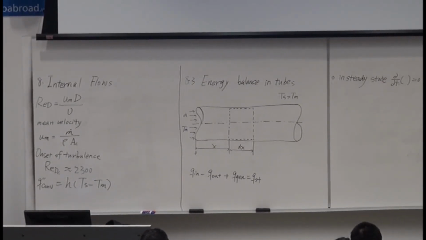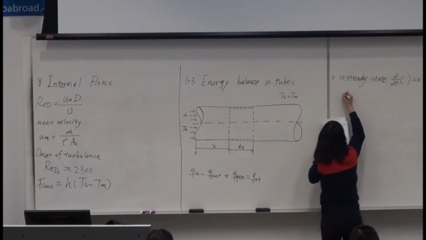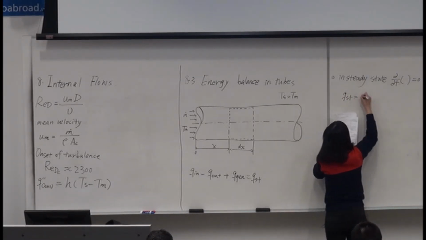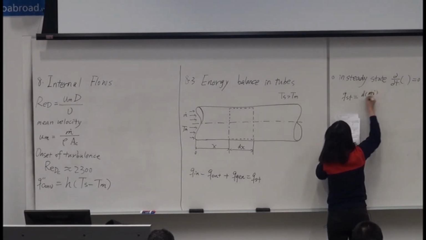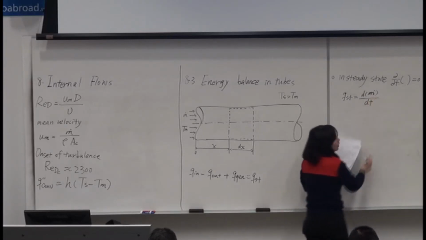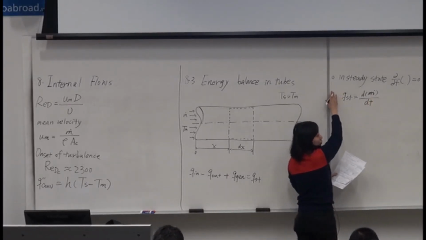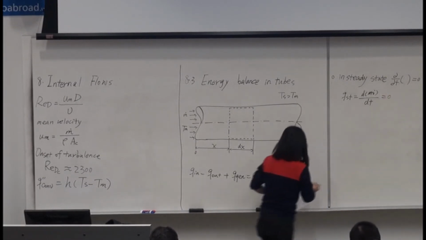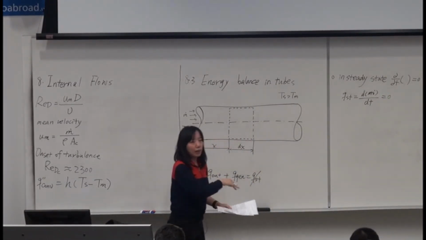Heat stored, right? Because in the first class we learned heat stored is how the enthalpy varies with respect to time. But let's assume everything is in steady state, so this term goes away just by our assumption.